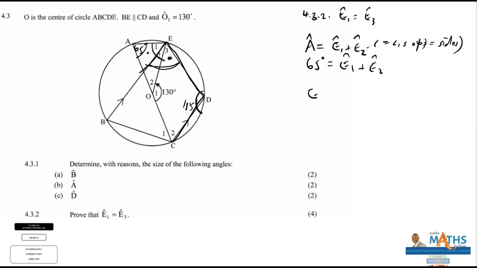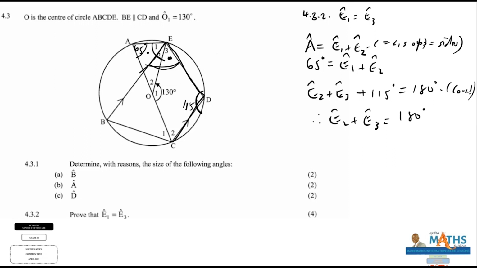It means angle E2 plus angle E3 plus 115 has to give me 180 because of co-interior angles. Therefore, angle E2 plus angle E3 is equal to 180 minus 115, which is what? Also 65 degrees.